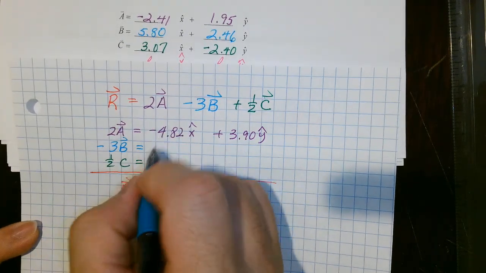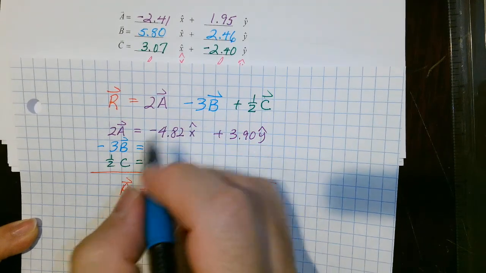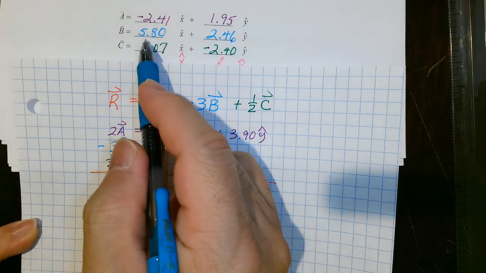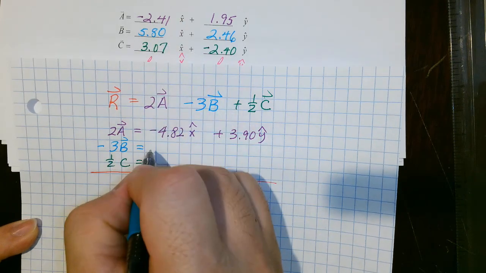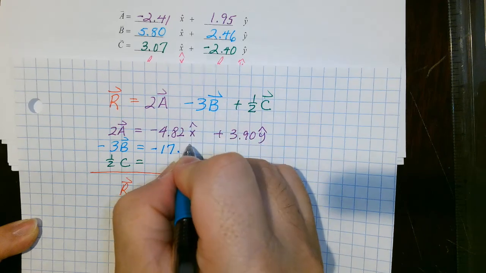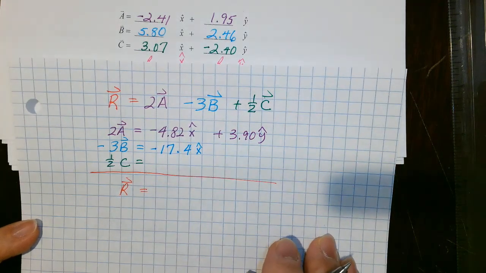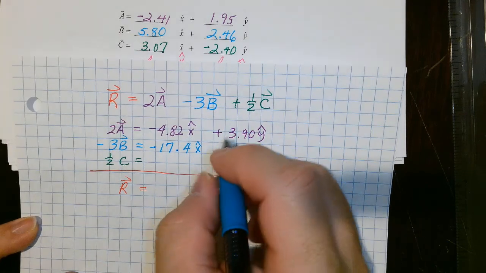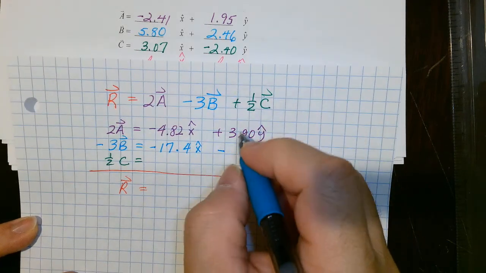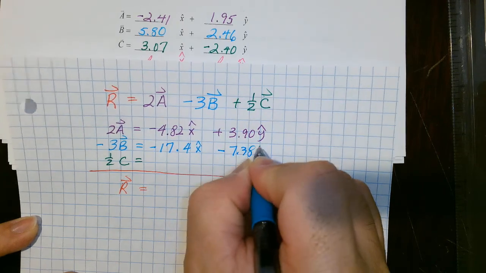So my x component for my B vector will be negative 3 times 5.80, or negative 17.4 x hat, and negative 7.38 y hat.